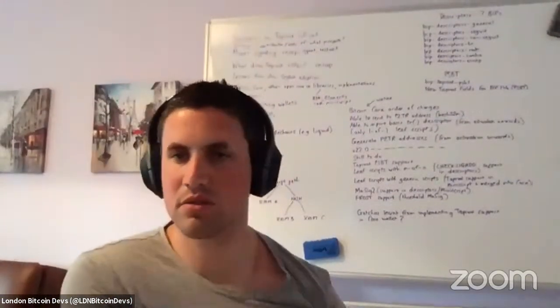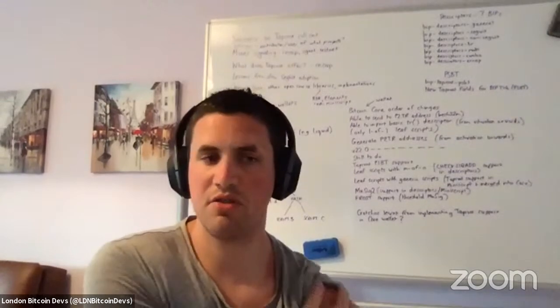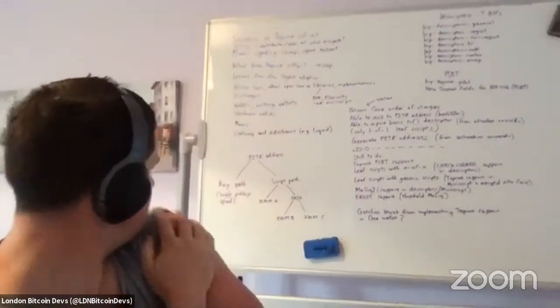So perhaps we can talk a bit about Miniscript. Any thoughts on Miniscript? Go to you, Andrew. Miniscript is cool. I think there will be a renewed effort to review the PR for that and get it merged into Core.